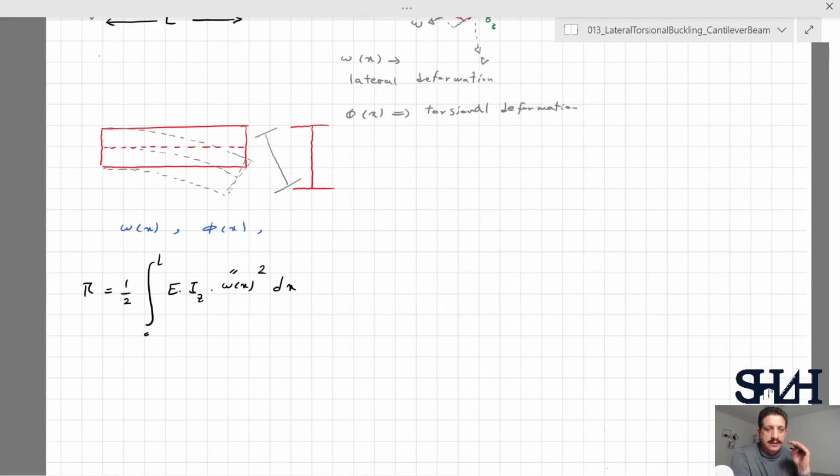Remember that Iy is working, but when it starts to move laterally, we write the equation from that moment. Before that, for sure, we have strain energy stored in the structure, but we want to calculate the buckling of the beam. As a result, that energy is neglected in the calculation.